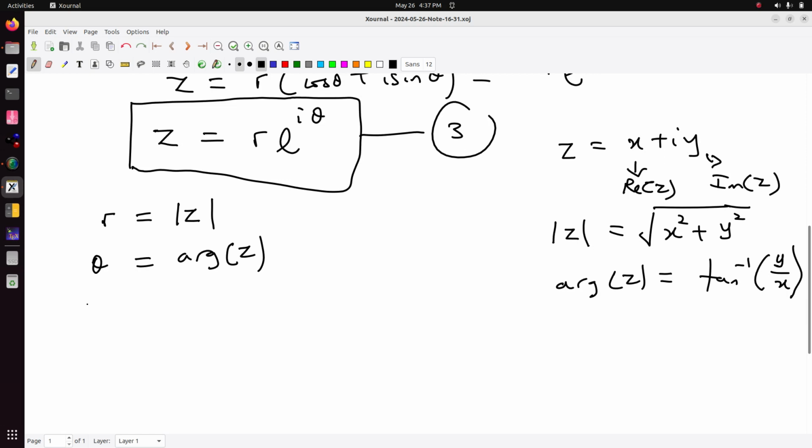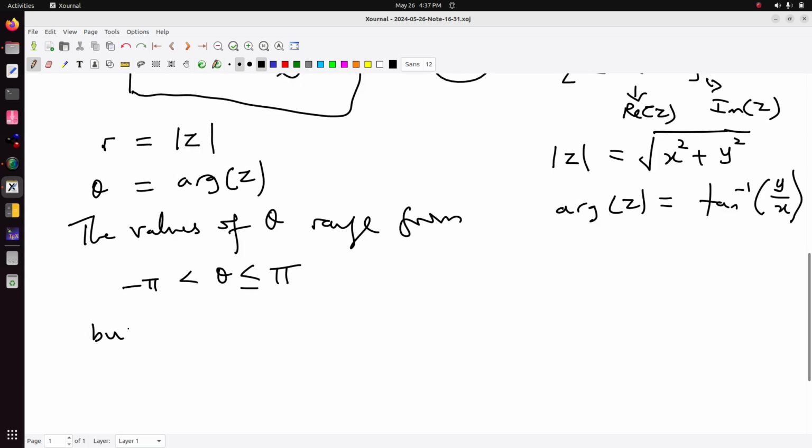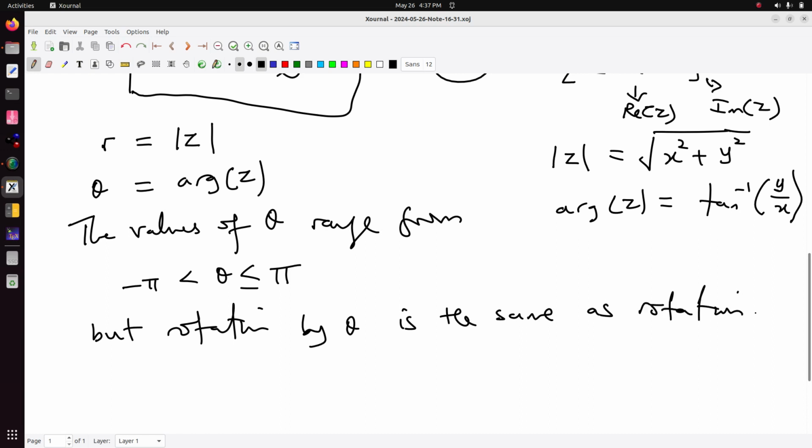The values of theta are in the range minus pi rad up to pi rad. But the rotation by theta is the same as rotation by 2n pi plus theta.